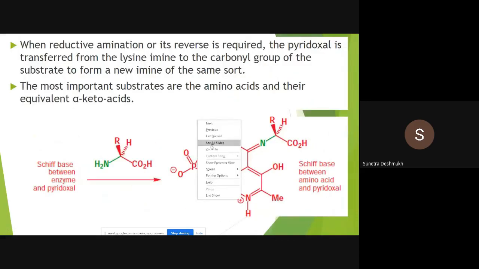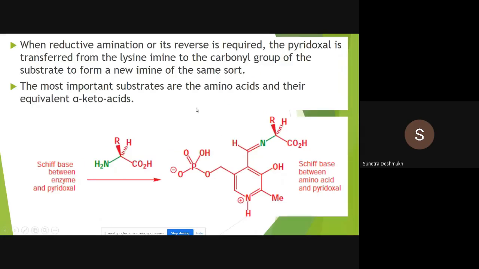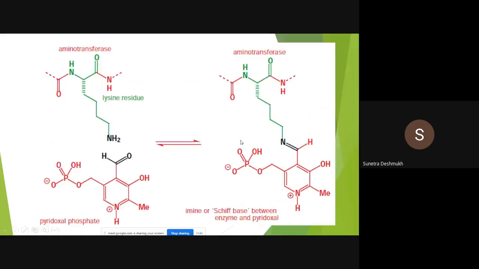So now we'll see, when the reductive amination or its reverse is required, the pyridoxal is transferred from the lysine imine to the carbonyl group of the substrate to form a new imine of the same sort. So what we have seen here is that this molecule becomes a reagent.